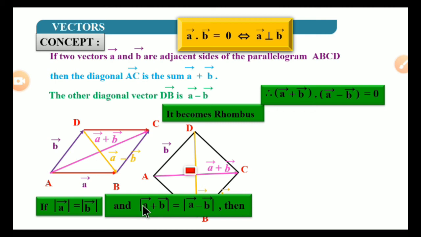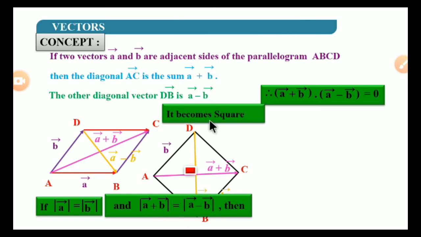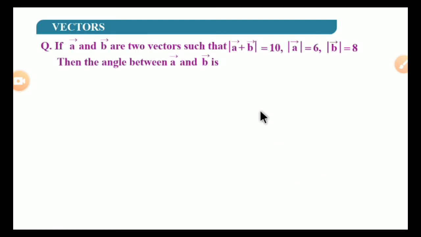And also if we have magnitude of A plus B equal to magnitude of A minus B, then it becomes a square, because both the diagonals are equal. Both the diagonals are equal means then definitely it becomes a square. And here we will take one more question.